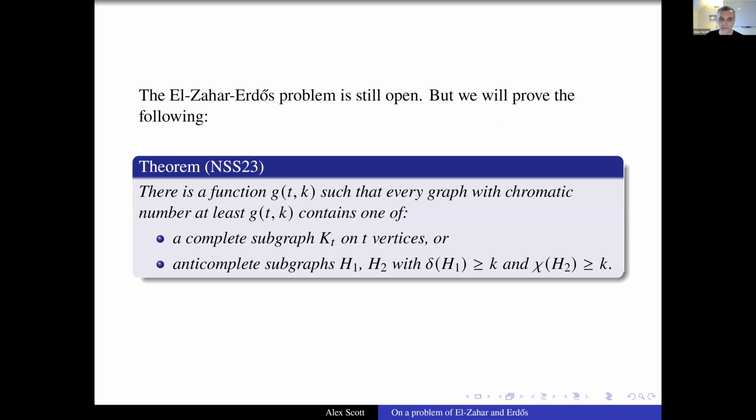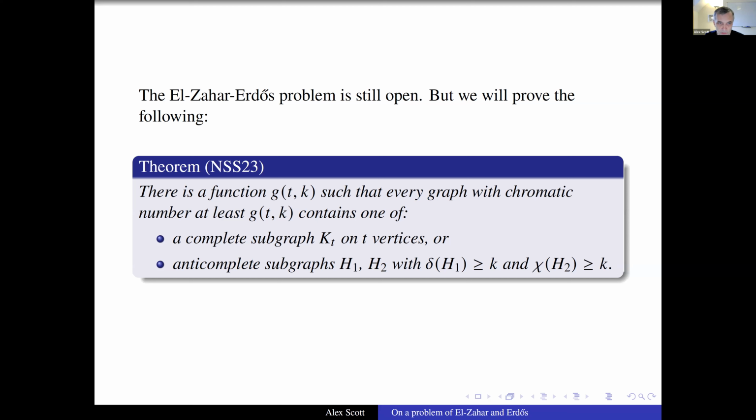So there's a function g, so that if you have chromatic number at least g, then either you contain a complete subgraph on T vertices, or you have a pair of anti-complete subgraphs: one has minimal degree at least K, and the other has chromatic number at least K. El-Zahar and Erdős ask for them both to have chromatic number at least K. We can prove that you can get one of them with chromatic number at least K, and the other one dense, or minimal degree at least K.